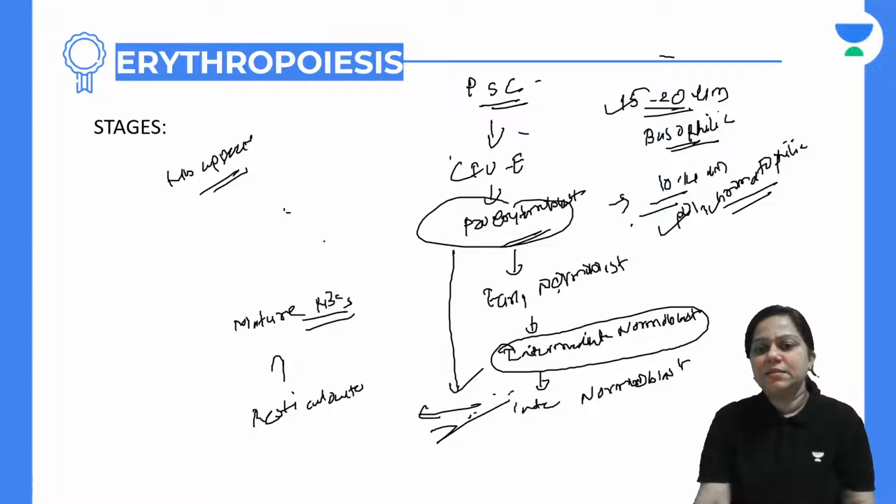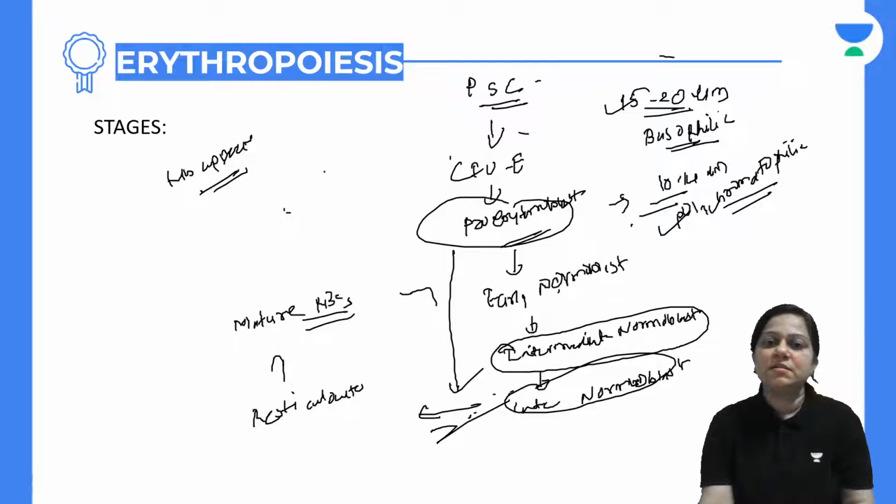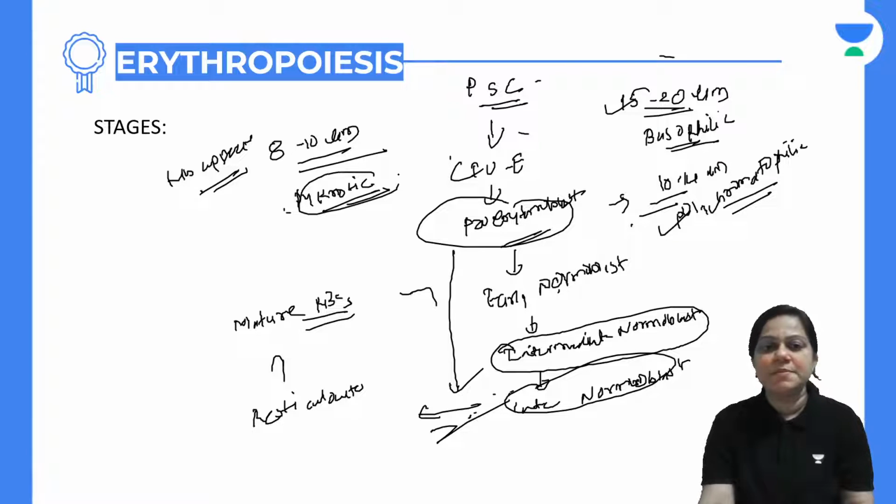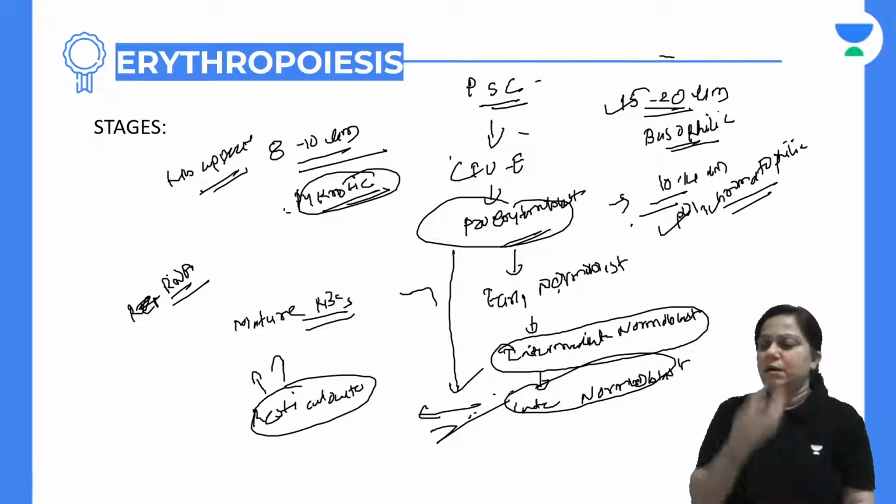Then after the intermediate normoblast, there is the stage of late normoblast. Here the cell size becomes 8 to 10 micrometer and the nucleus becomes pycnotic. Then the reticulocyte stage. Reticulocyte is a stage where you will find the remnants of RNA.